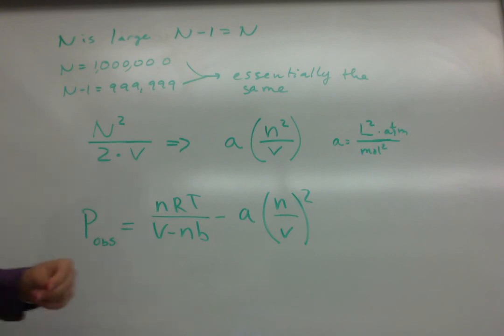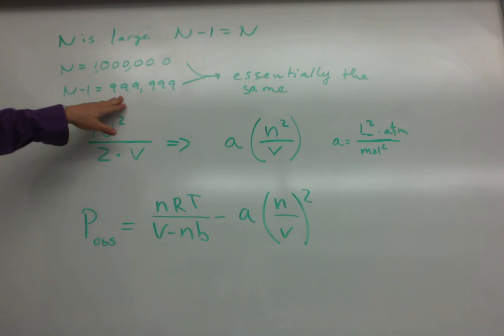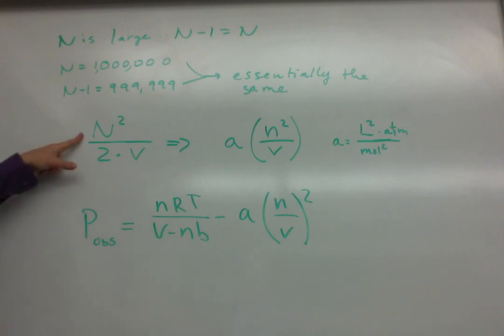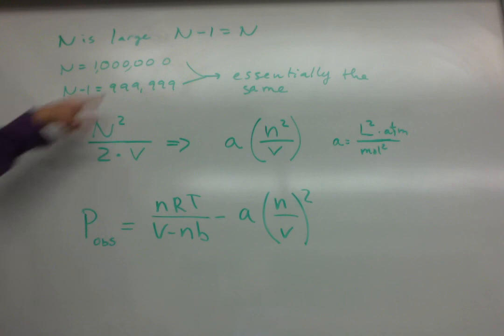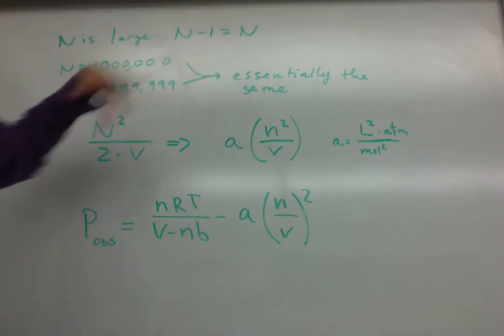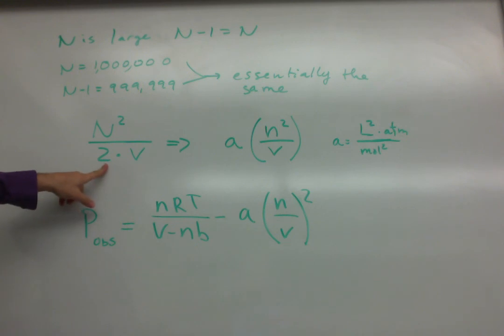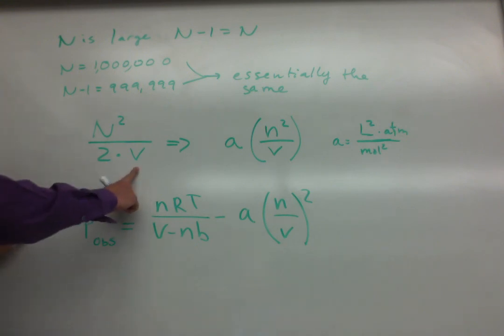I don't know about you, but if I had to choose between the two, I'd be okay with $999,999. They're essentially the same. That means that n is the same as n minus 1. So we can have n squared divided by 2, and then we bring in the V for concentration.